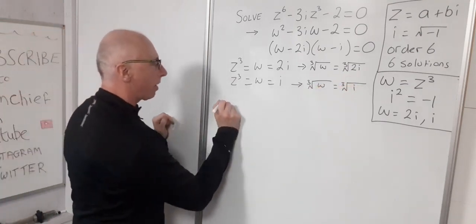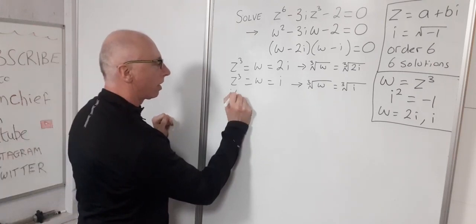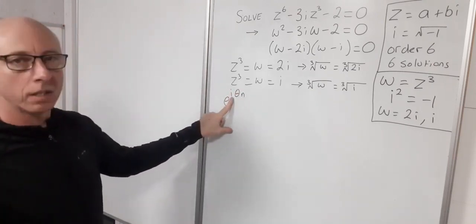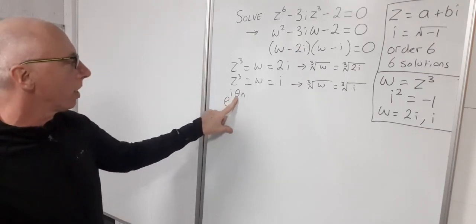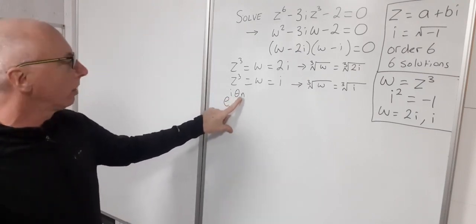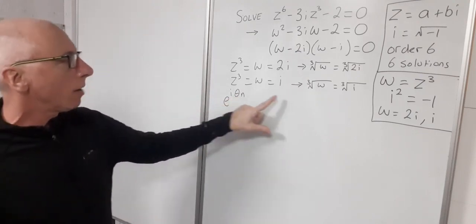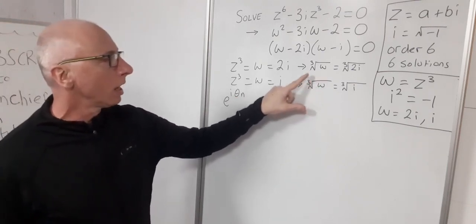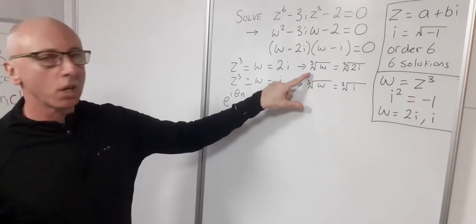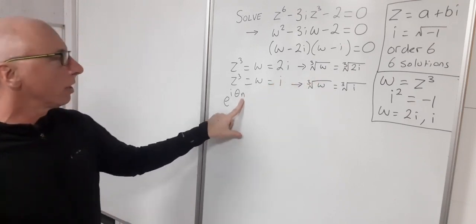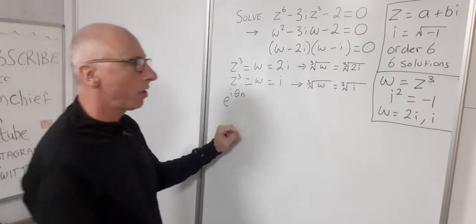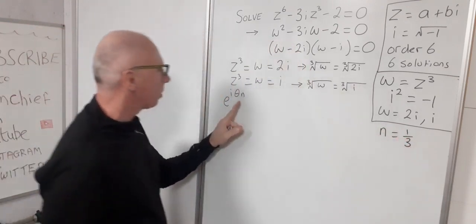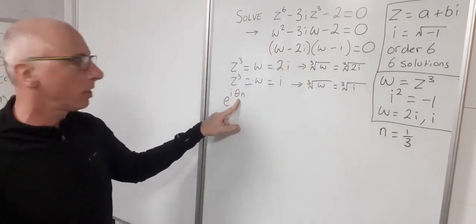So for that, we have e to the i theta n. i is our complex coefficient, theta is an angle, and n would be our power that we're raising our w to. Well, in this case, we've got cube root. So in here, our n will be 1/3. So let's set that up, and then we'll have a look at what our angle theta is.